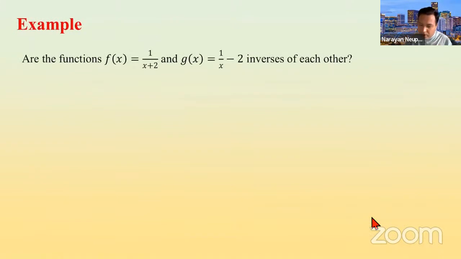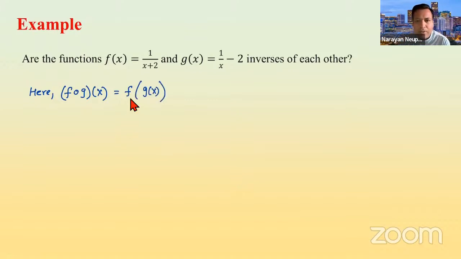So first thing that we need to do here is we have to find the composition f o g of x. Meaning of that is, inside the function f, you have to plug in function g of x.